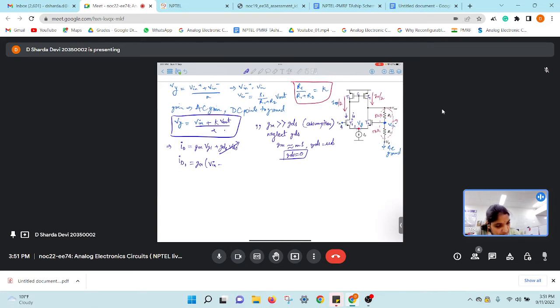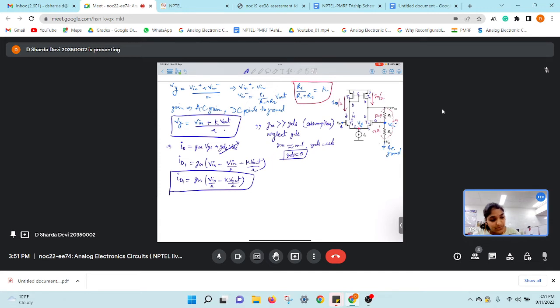So it will be VN by 2 minus KV out by 2. So ID1 is GM times VN by 2 minus KV out by 2, right? This is ID1.